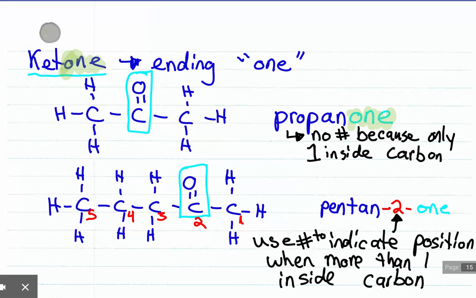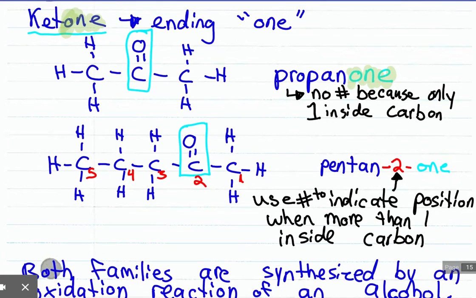And they differ because in the propanone, I don't have a number indicating its position. This is because there's only one inside carbon. So in an instance where there is only one inside carbon, which is propanone, we don't need a number. However, in my next example down here, I have 3 possible inside carbons.